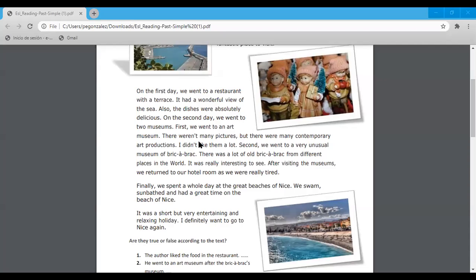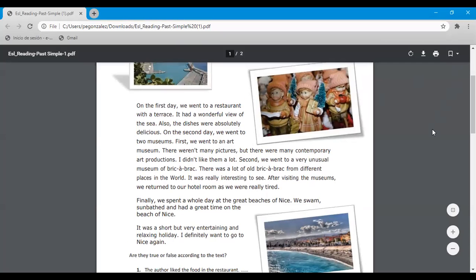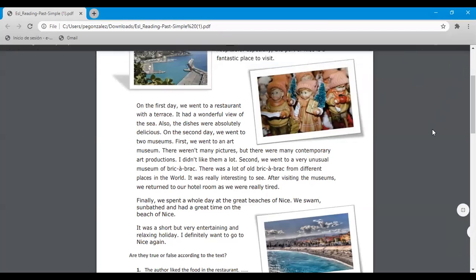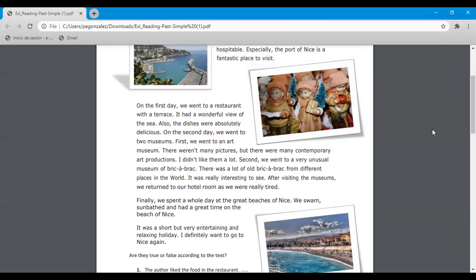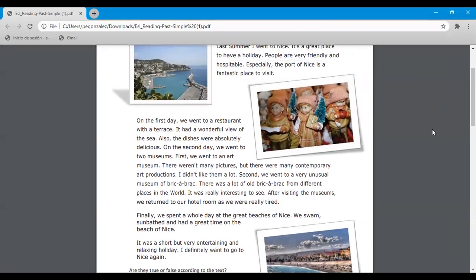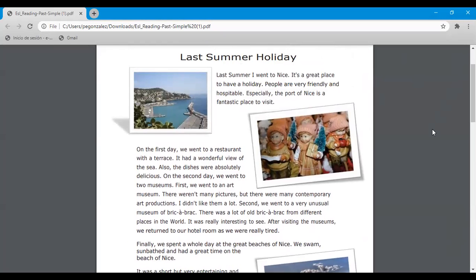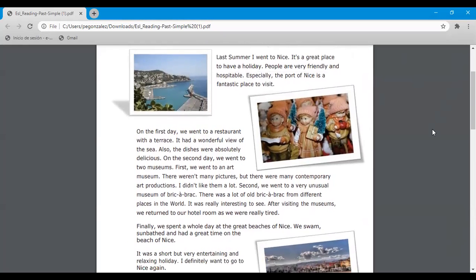Excellent reading, thank you very much. So in the reading, you can see this particular author is describing a holiday, right? A vacation, the last vacation she had. And there's a place, and it's describing all of the activities that person did in this particular place.